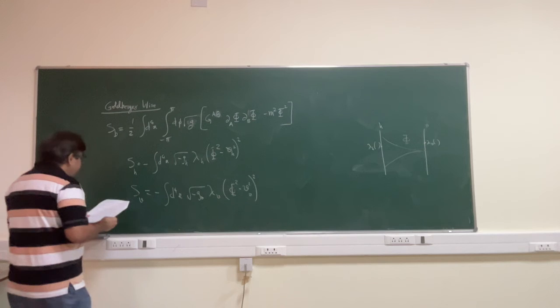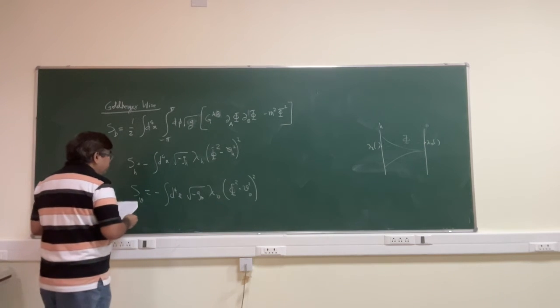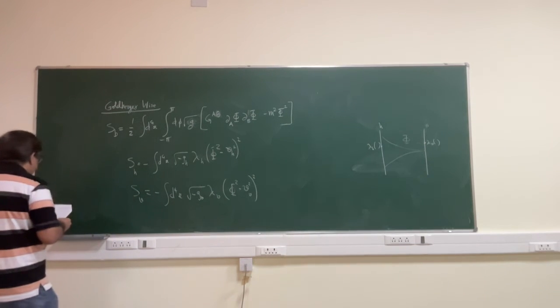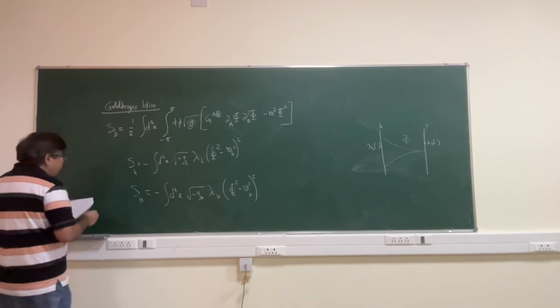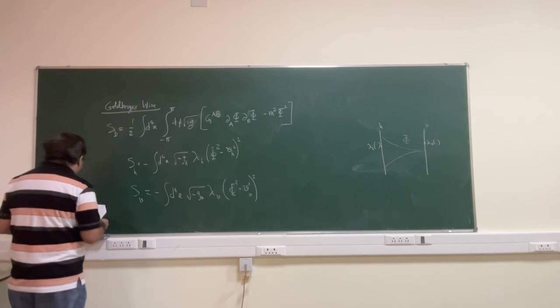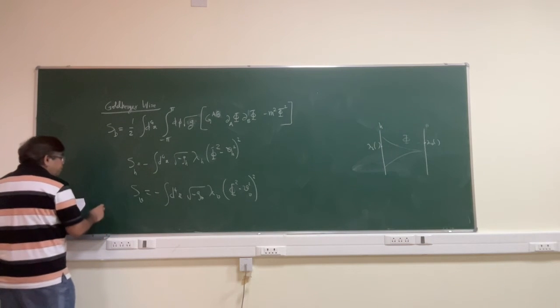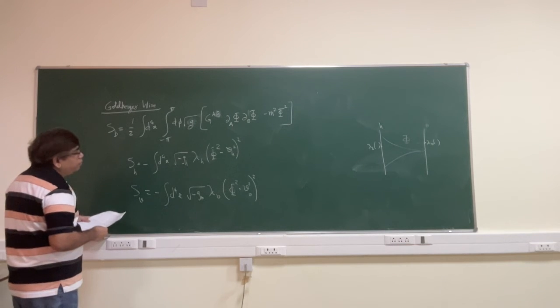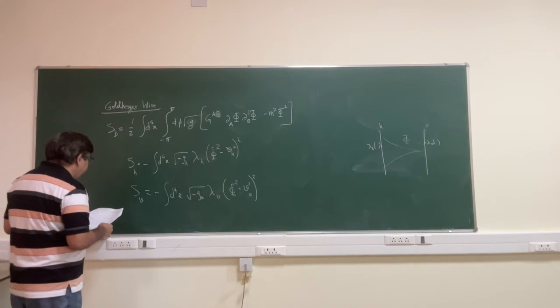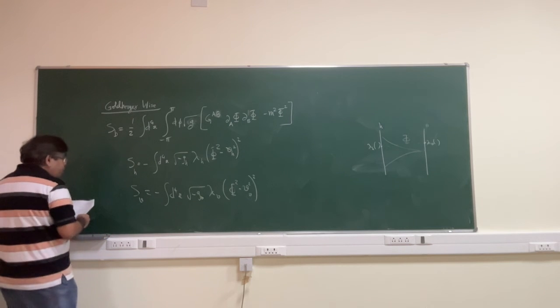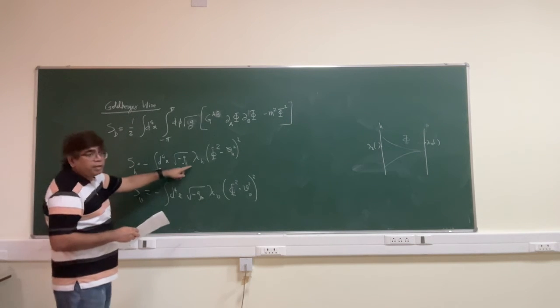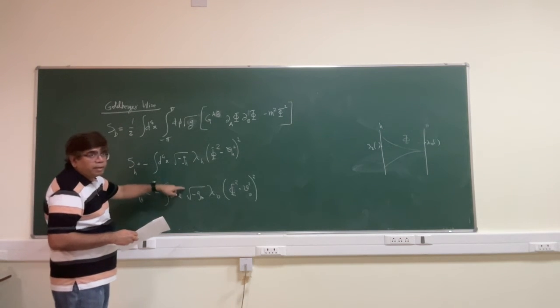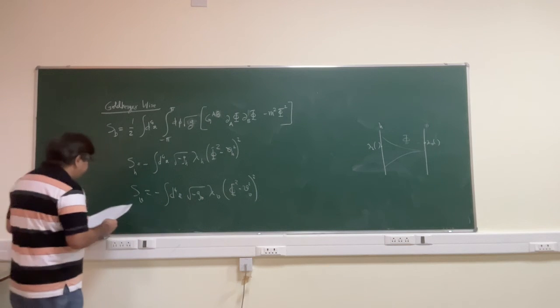So you want to solve for phi of y. The solution for phi of y will be the same equation as what we wrote for the previous case, except that instead of the mass terms we are writing lambda terms.